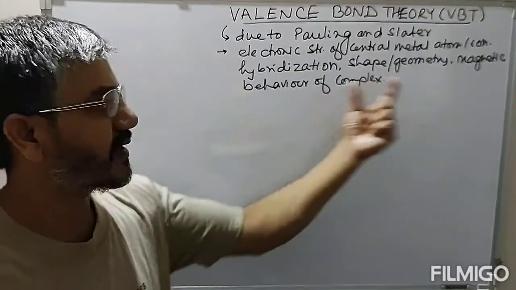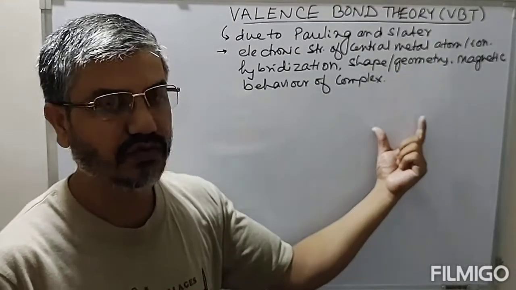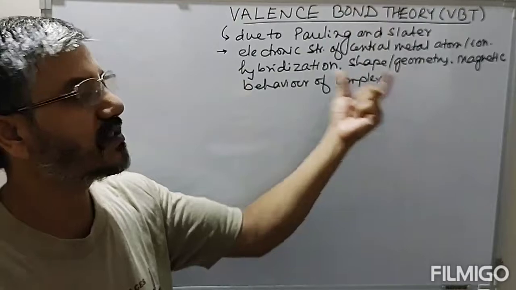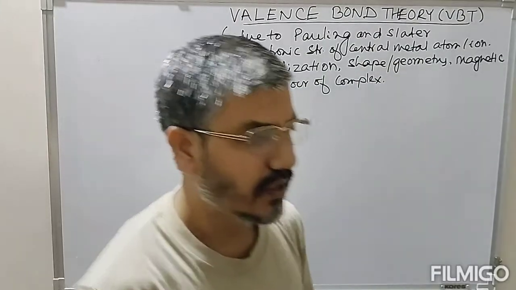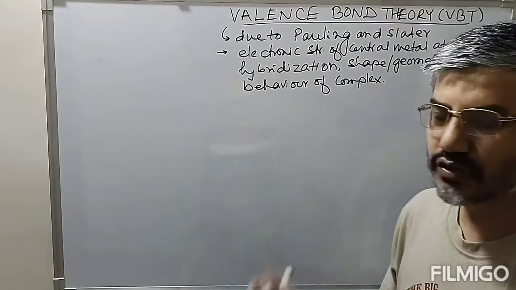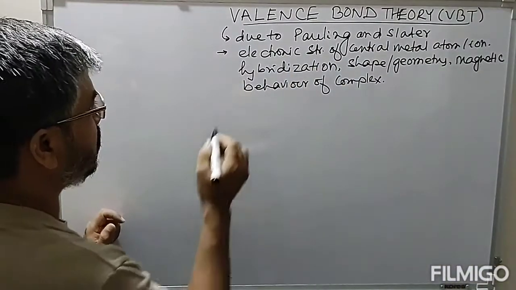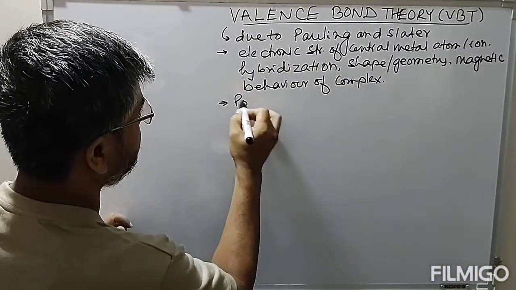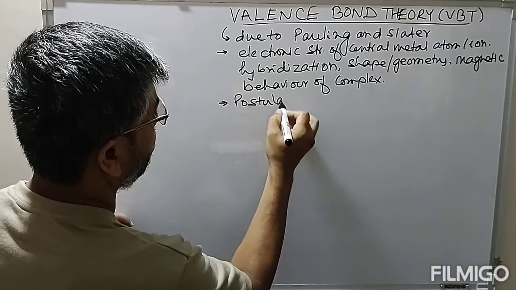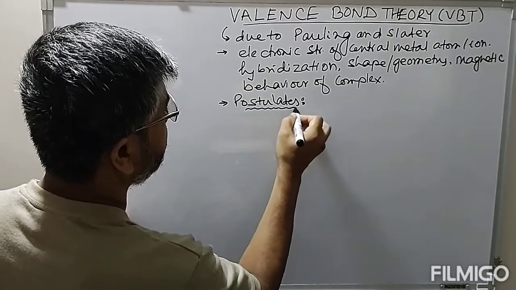That is what we call the magnetic behavior of the complex. We should be able to answer these questions after studying this theory. As I told you earlier, this theory is based on certain postulates. So coming to the postulates of this valence bond theory.